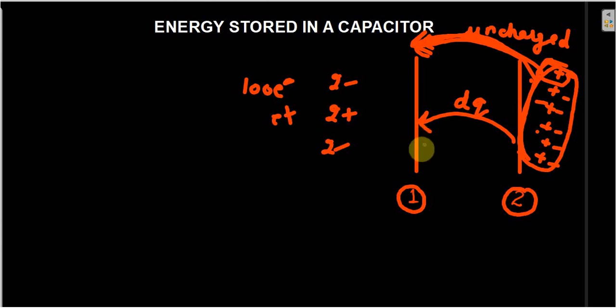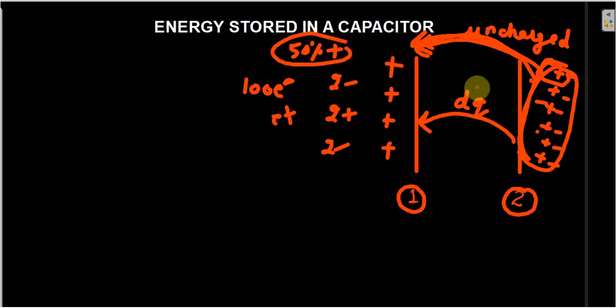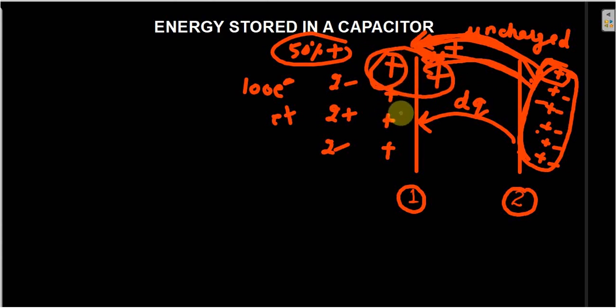So what kind of final stage will we get? This whole positive charge starts accumulating here. Let us consider we have shifted 50% of the positive charge from this plate to this plate. But what about the remaining 50%? When you are transferring positive charge to a plate where positive charge is already present, a repulsive force develops. This positive charge does not allow the other positive charges to accumulate.